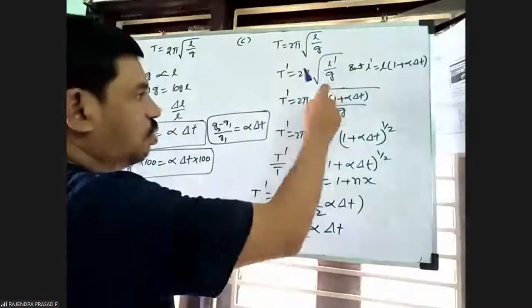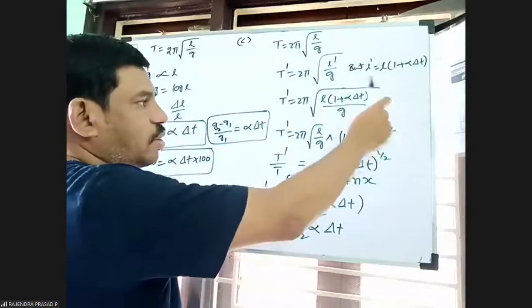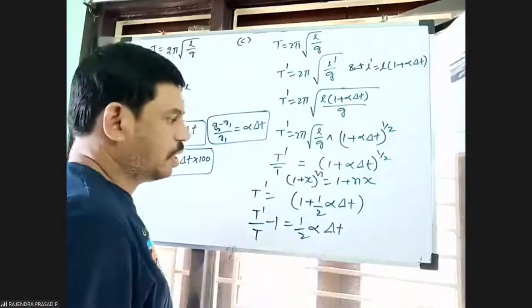So 2 pi under root of L by G, 1 plus alpha delta T whole power of root, means half.